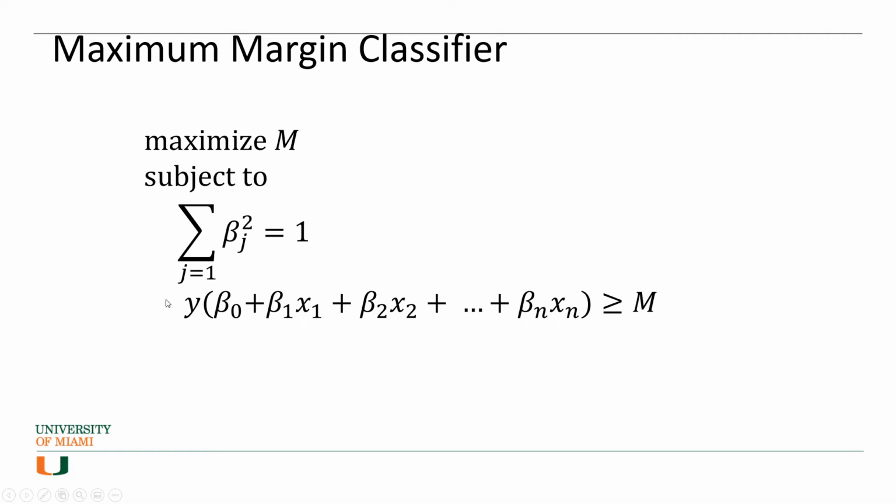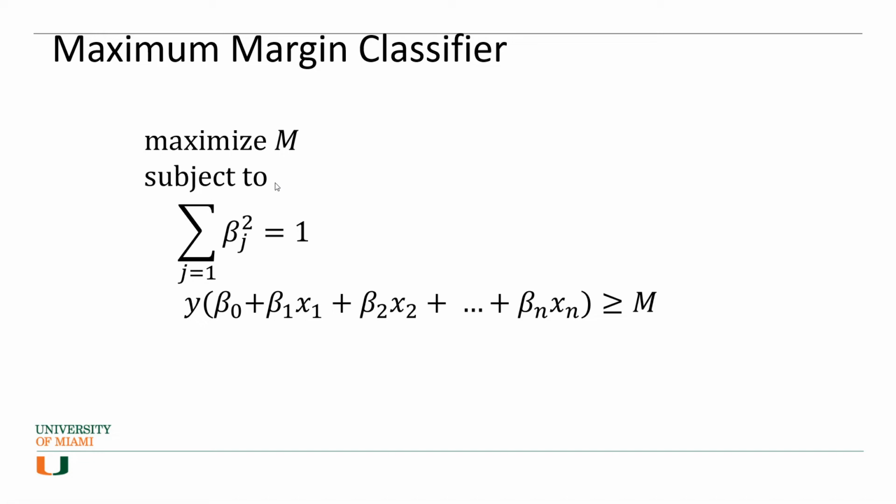And the task here is to maximize the distance of the hyperplane from all the points in our data set, regardless of the class that they are in. So that is the conditional or constraint maximization problem that we have to solve, and it's quite easy actually.